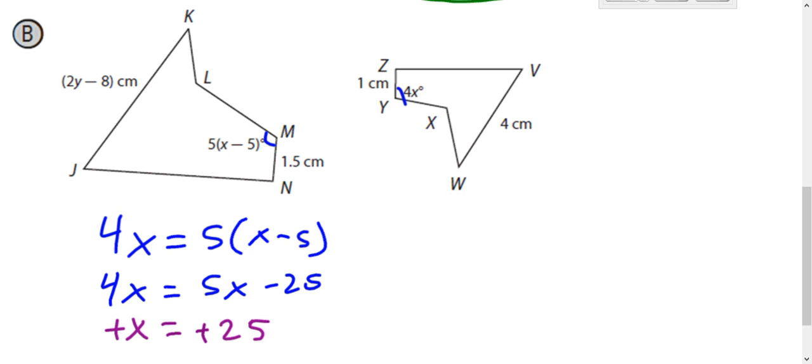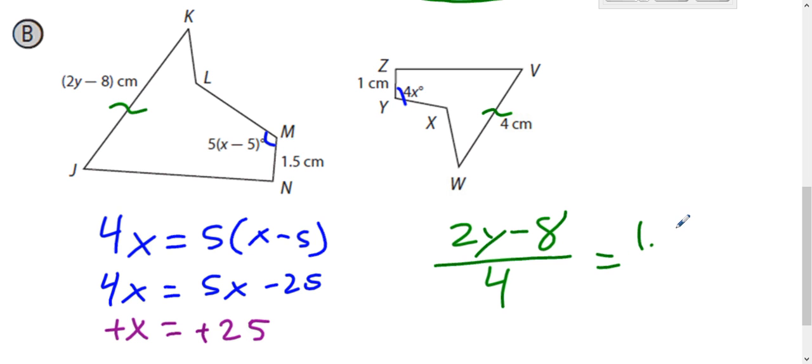And then we can take our side lengths to write a proportion. So we can take the 2y minus 8. That's going to be corresponding to this side over here, the 4. And then same figure first, so the one on the left, the 1.5, will be corresponding with the 1 centimeter.